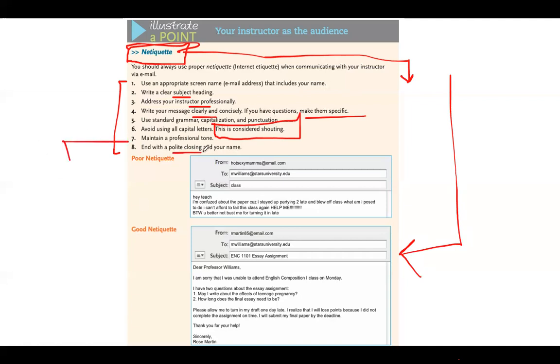Your gestures should be polite, and all these things collectively help you to write to your professor. All right. So whenever you're writing to your professor, you have to keep these things in mind, and it's called Netiquette. These are the etiquettes of writing on the internet.